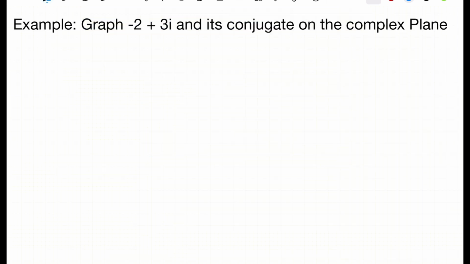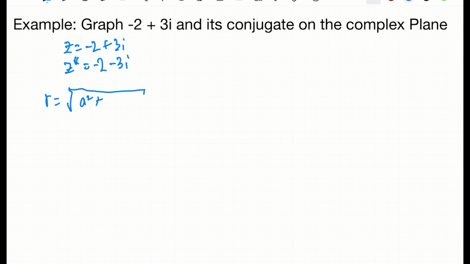Now let's do the example: graph minus 2 plus 3i and its conjugate on the complex plane. So here's our complex number, z equals minus 2 plus 3i. For z conjugate, we just change the sign in front of the imaginary portion, so it's minus 2 minus 3i. Now the magnitude for both of these is going to be the same because we're squaring.